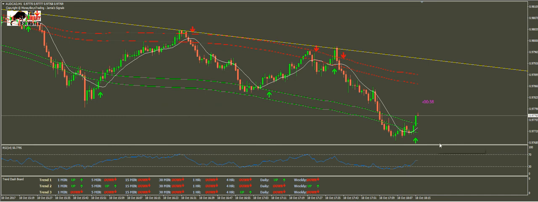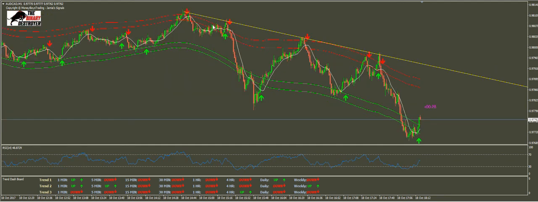Yes, that's meeting all the rules. It's in the buy zone. It's overbought on the RSI. Signal appears. But come on, guys, you can clearly see that is against the trend.